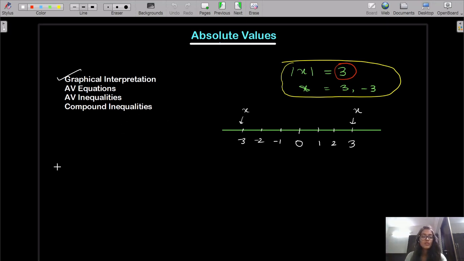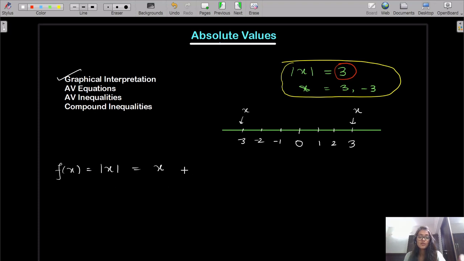Okay, so your absolute value function. Now the thing is, if your x is a positive number, then when you remove the absolute value symbol, you will simply get x.